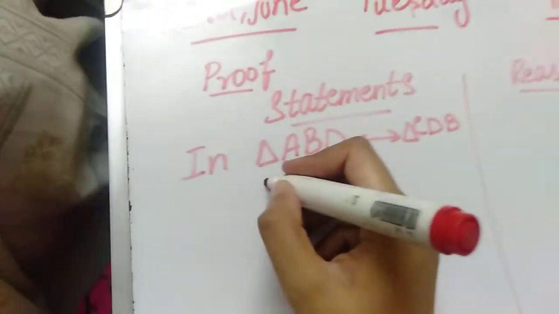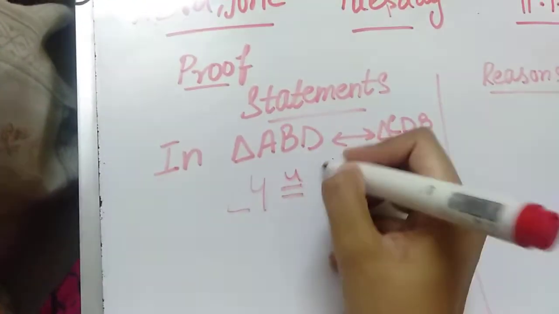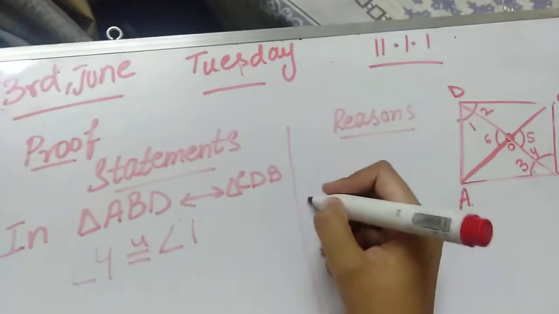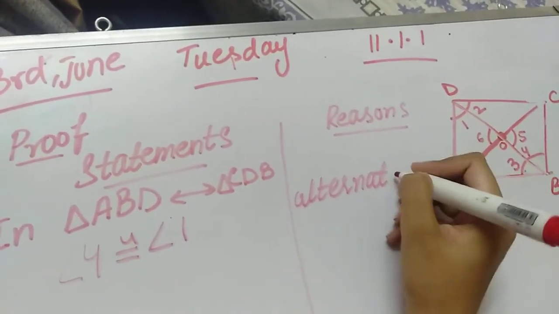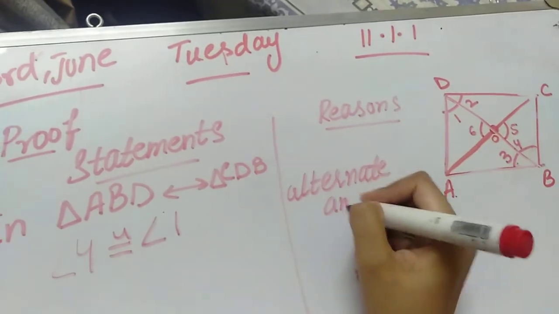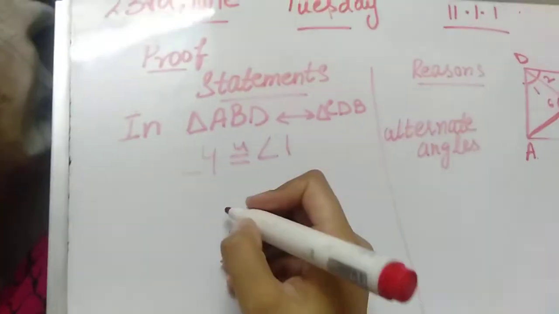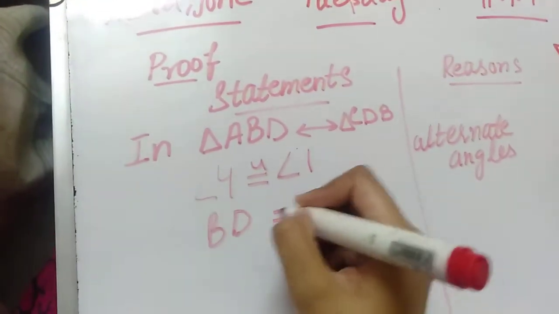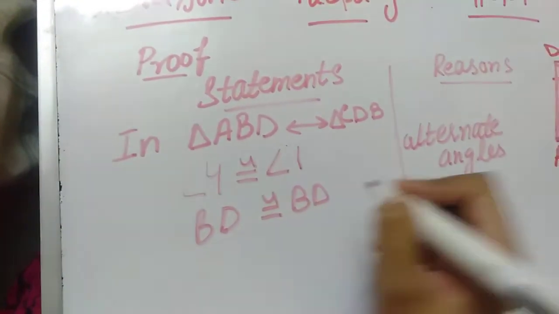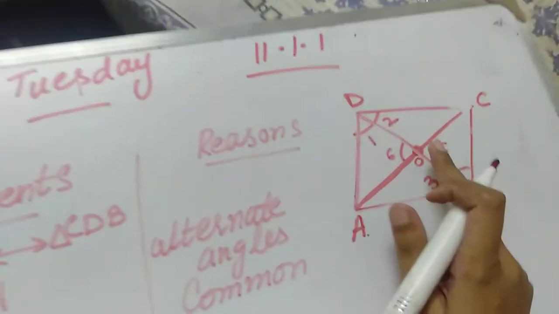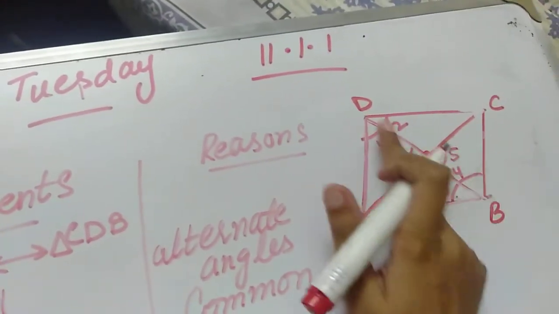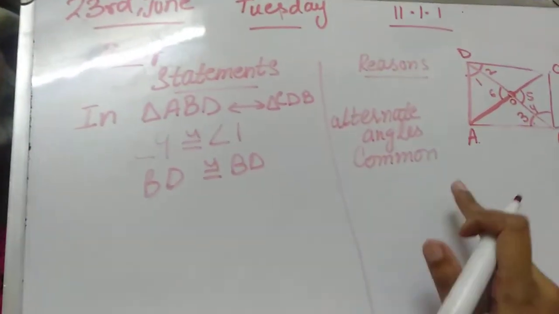So we write angle 4 is congruent to angle 1, and the reason is alternate angles. Now I will write BD is congruent to BD. This is the common side. If you look at the diagram, BD is common in both triangles, so BD is congruent to BD because it is common.